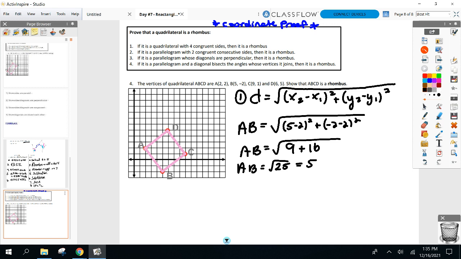Next up, what do you want? And all this is going to be in step 1, just showing the distances of all 4 sides. It's not hard. What do you want? AB. We already did AB. AD. Okay, here we go. AD. 6 minus 2 squared plus 5 minus 2 squared.